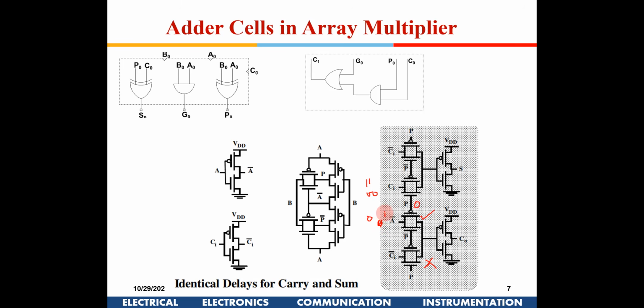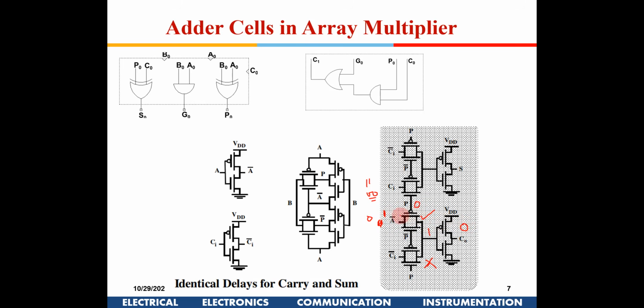Propagation 0 means it is either 1 1 or 0 0, so A being 0 means it is the 0 0 condition only. Carry should not be generated because propagation is 0 and A is also 0, so B is also 0. So A bar is 1 here, I'll get 1 here, and it will go out as a 0.